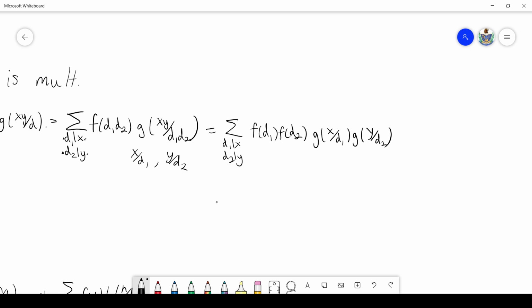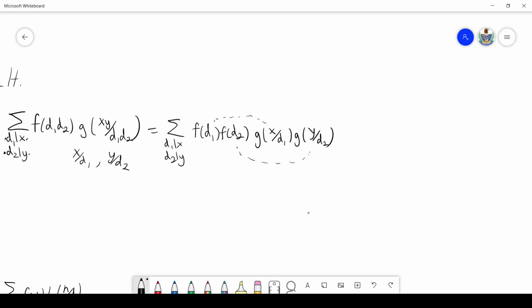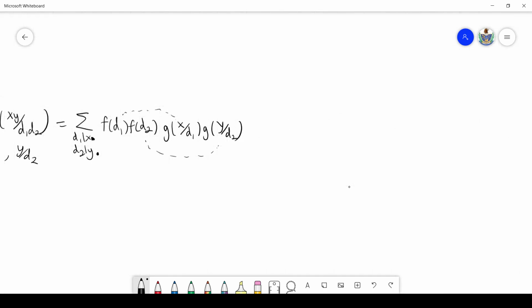So we can split the functions like this, and now if we just pair up the x and d1 and the y and d2 terms, these two summation conditions are independent of each other, which means we can simply write this as a double sum. I should be writing a double sigma, but I'm kind of lazy.